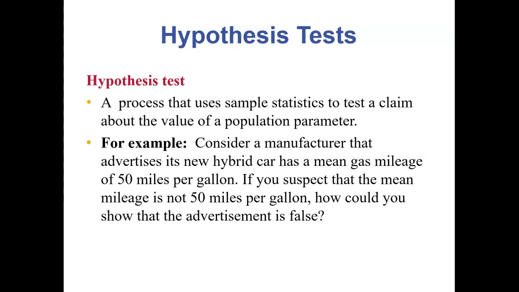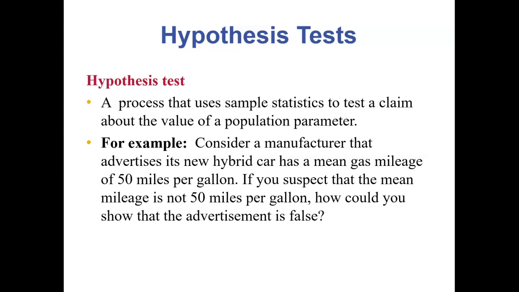What do you do? You technically cannot drive every car, that's the population, right? It's impossible. What do you do? You take a sample. Exactly. You take a sample and then you get the mileage of each and every car from the sample. Remember, your sample has to be greater than 30.